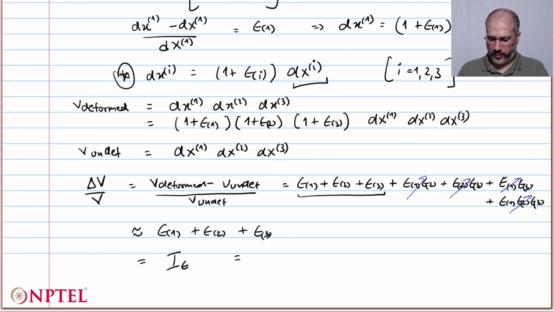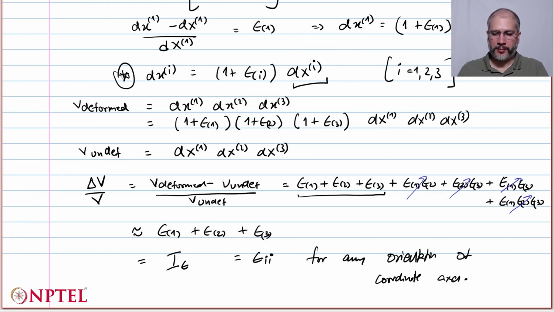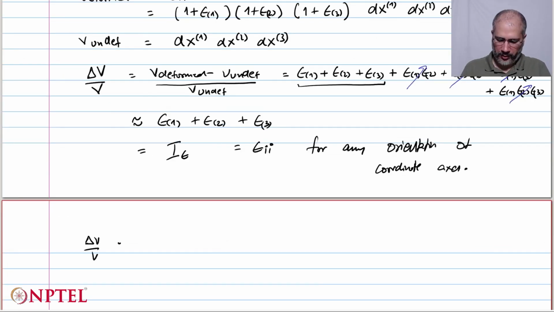So this is epsilon II for any orientation of the coordinate axes. So delta V upon V is the volumetric strain, which is also called the dilatation.